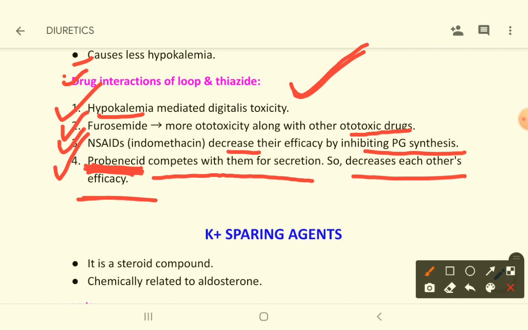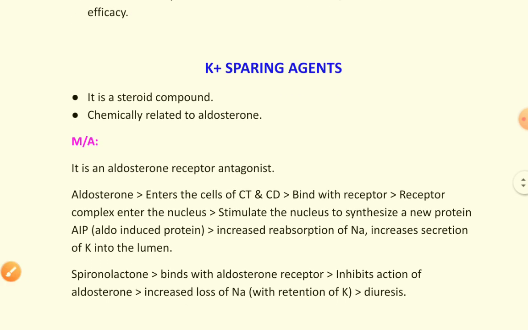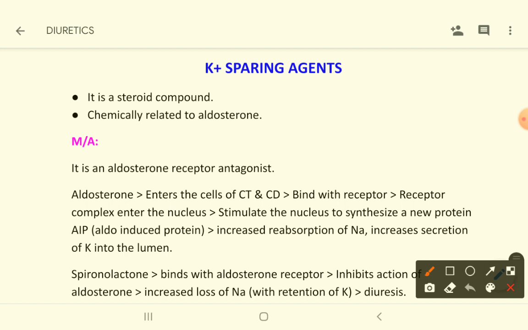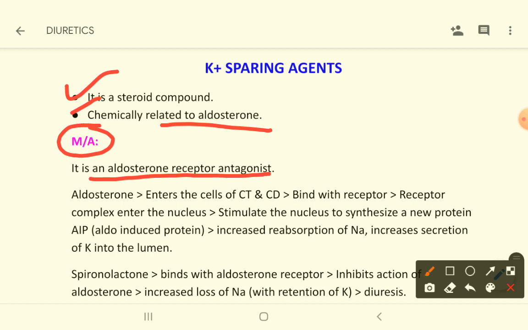Now let's come to the potassium sparing agents. These are steroid compounds chemically related to aldosterone. Their mechanism of action: they are aldosterone receptor antagonists.